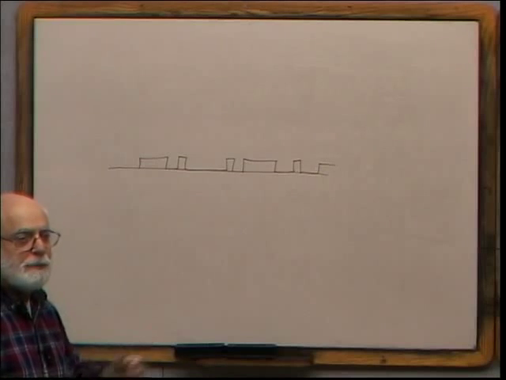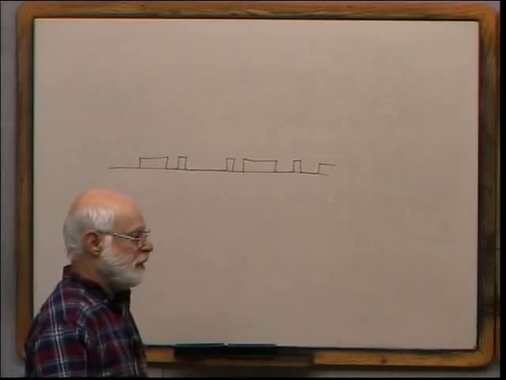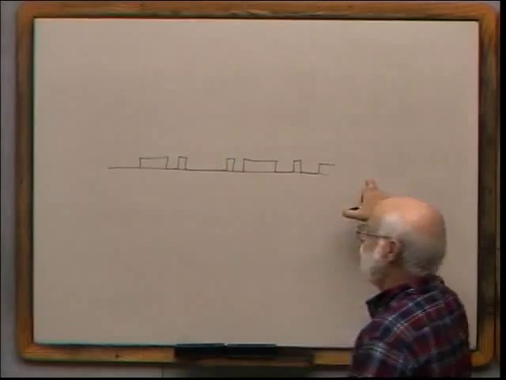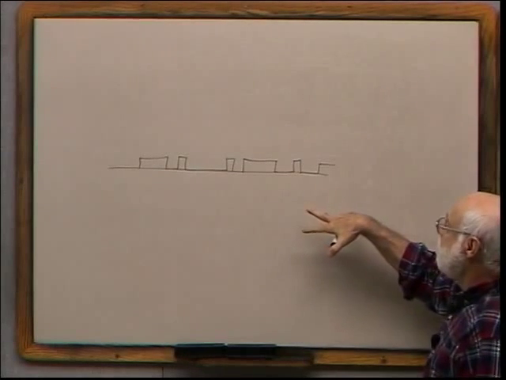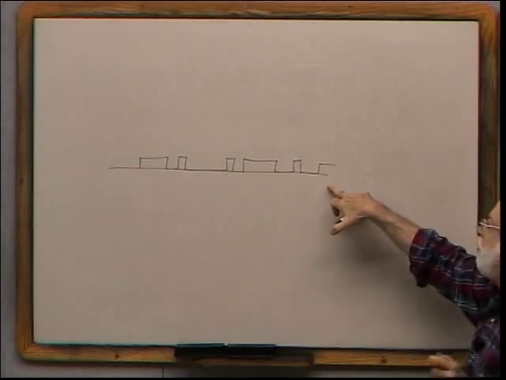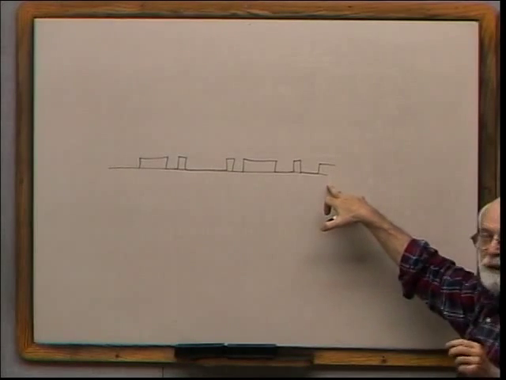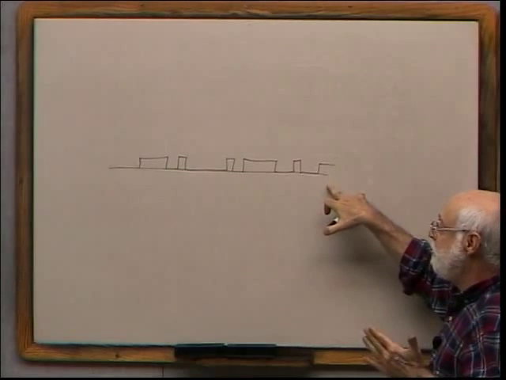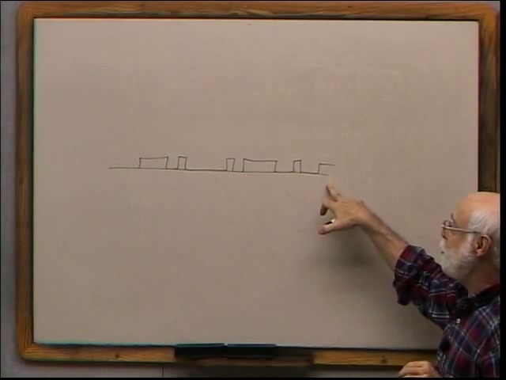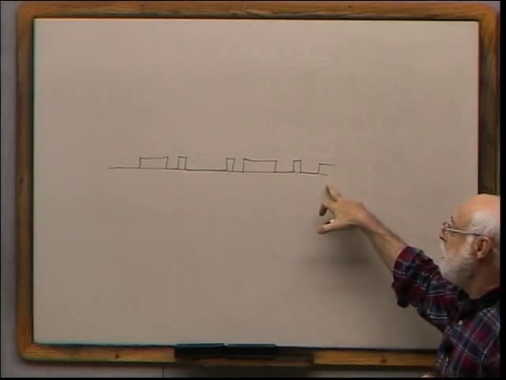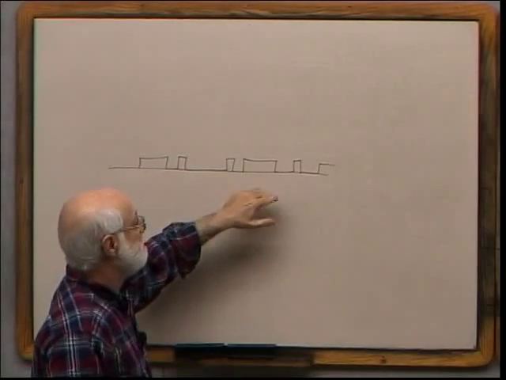And one argument goes, well, probabilities are frequencies. So that means that if I sample this system at random, that is, I just kind of closed my eyes, walked up to the board and drew a line, the probability that I would intercept state 1 would be given by whatever the formula is for P1. And the probability I would find state 0 would be whatever the formula is for state 0. But if that's true, that means that the fraction of time that I'm in each state must be the same as the probability that if I sampled at random, I would find that state.